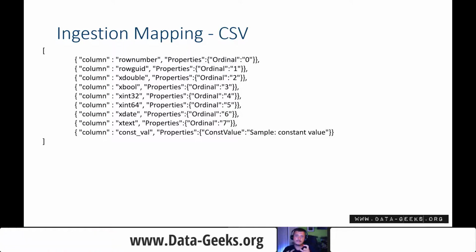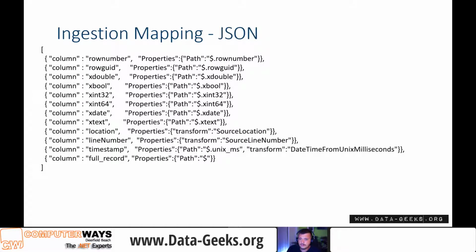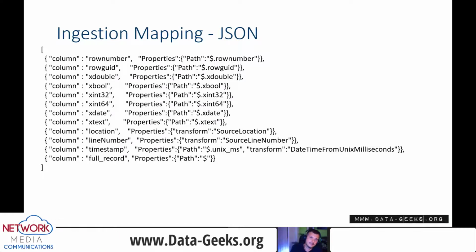This is the first way to enrich the data with some field. It is slightly different from the JSON perspective, because you have to deal with the JSON path. So we are not dealing with the ordinal in this example, but with the path: the $dot, and you have to navigate to the right attribute to be placed in the right column.